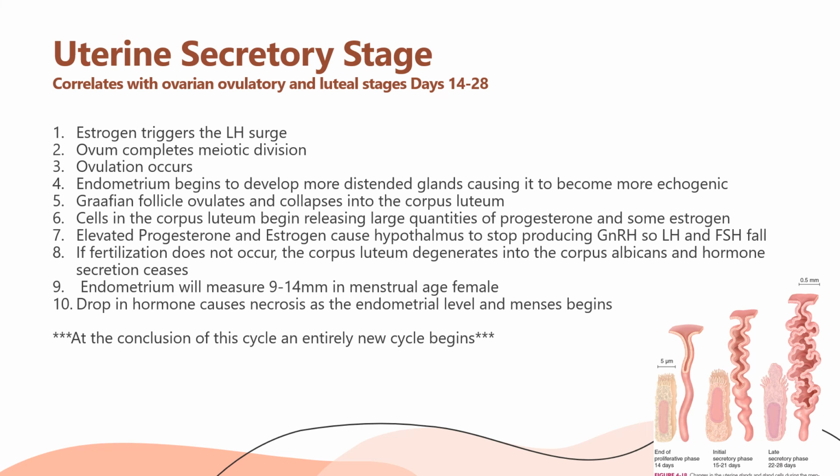Now, if fertilization does not occur and those hormones all plummet once the ovary transitions that corpus luteum into a corpus albicans, you'll see a necrotic change here at the base of this spiral artery, and all of these arteries then will of course be eliminated, and that would be the end of the uterine menstrual cycle as soon as menses starts again.